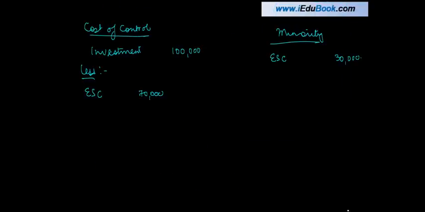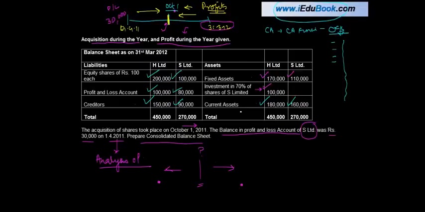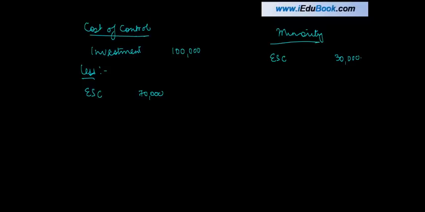Now this is where we need to concentrate. Analysis of profit. Acquisition happened on 1/10/2011. What is the closing balance? There is a total of 80,000, right? The acquisition took place on October 1. The balance in the profit and loss account was 30,000 on 1/4/2011.